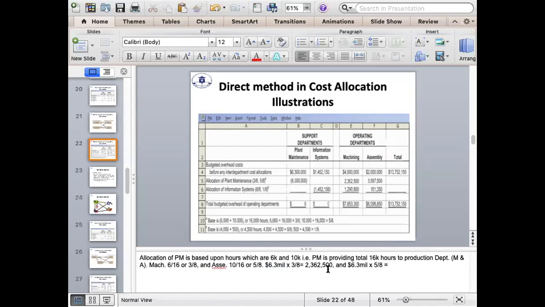So it will be 3,937,500. All right. So this is the allocation of this number. So this number, which is allocation, I can write down here.